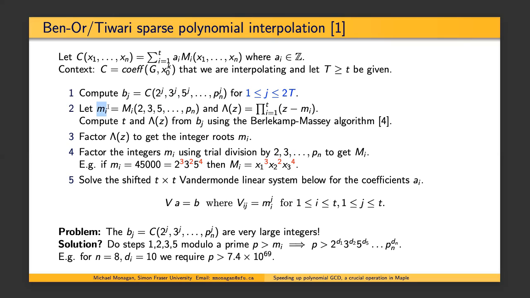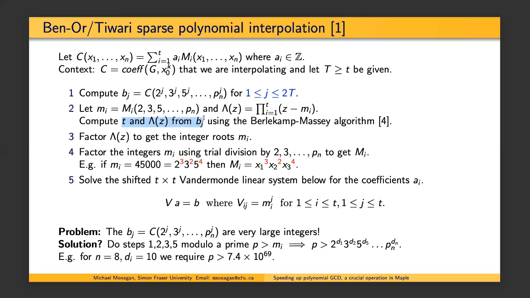Let little mi be the monomial evaluation, that is, mi evaluated at the primes. If you have two monomials and you evaluate them at primes, you're guaranteed to get distinct integer evaluations. Let lambda of z be the polynomial whose roots are the monomial evaluations. Then the second step of the algorithm is to figure out what little t is and what lambda of z is.